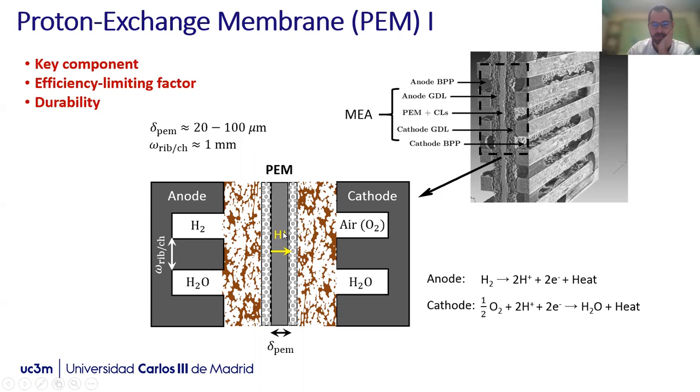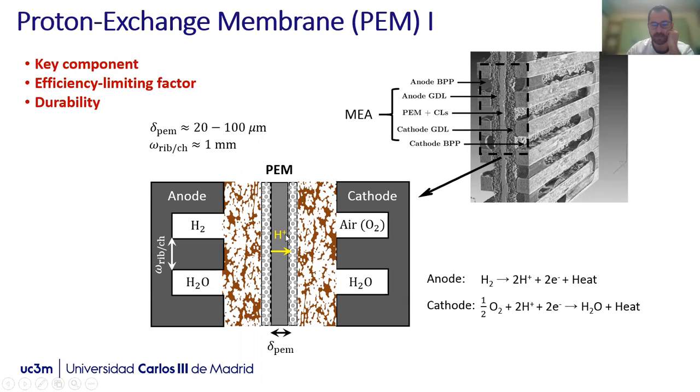So the membrane plays a key role in the efficiency of the cell, because the ionic resistance is directly related with the contribution of the membrane.